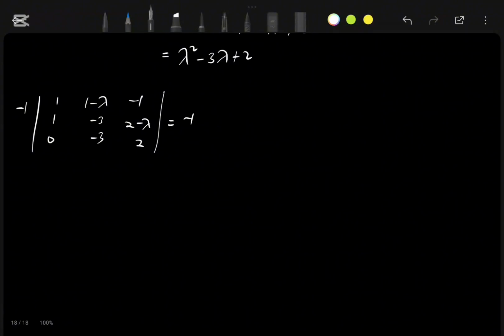So we have minus 1 multiplying the expression 1 into bracket minus 3 times 2 minus 3 times 2 minus lambda, minus 1 minus lambda into bracket 1 times 2, which is 2, and 0 times 2 minus lambda, which is 0.